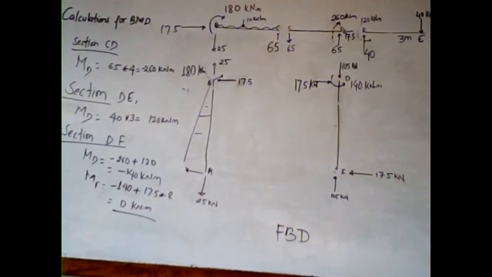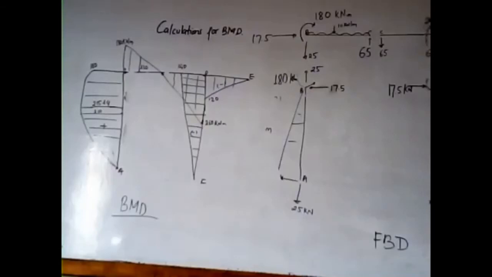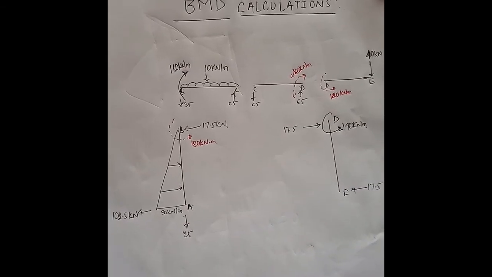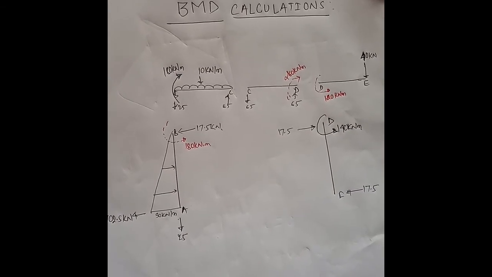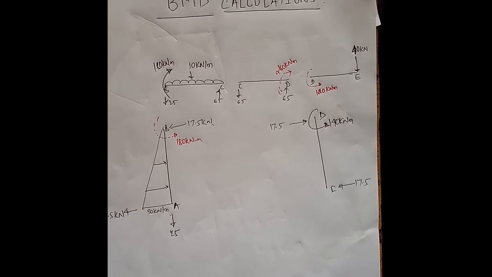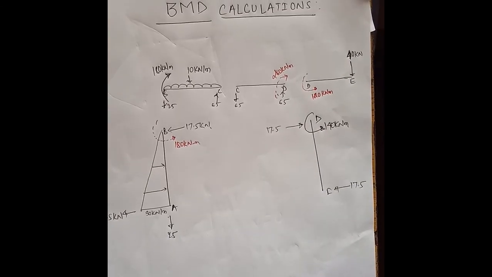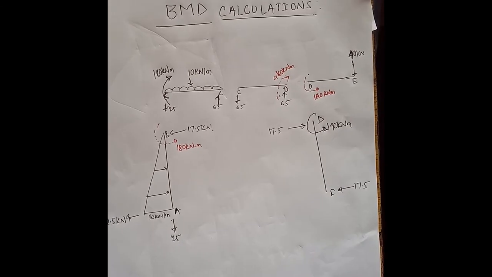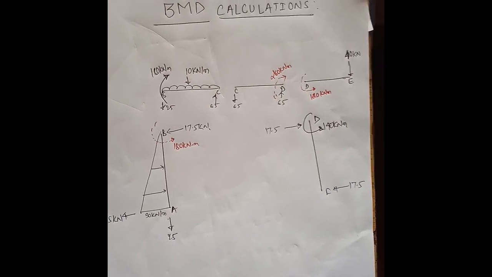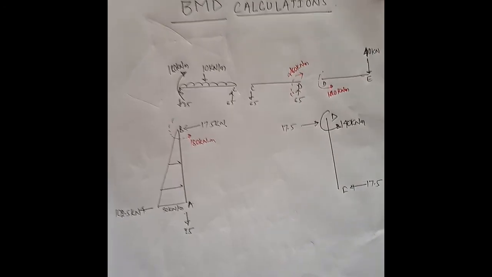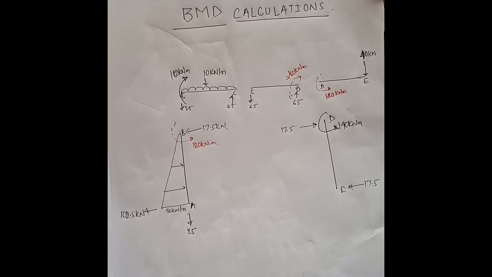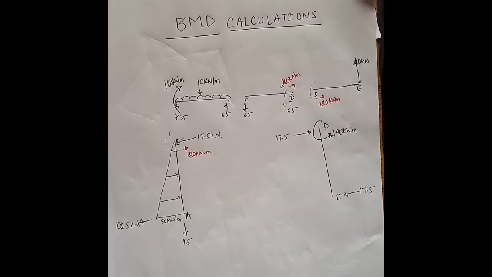So after doing this, we need to draw the bending moment diagram. So friends, this is the way you can draw the free body diagram of this section, and in this the moments have been balanced, and we need to make the BMD.